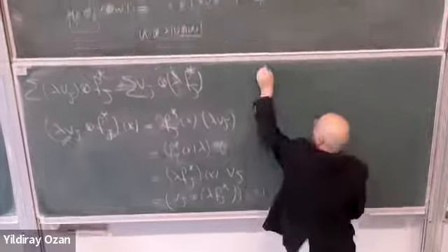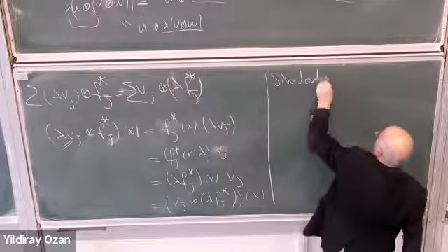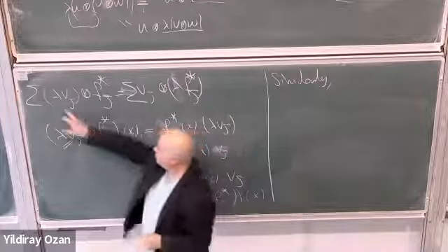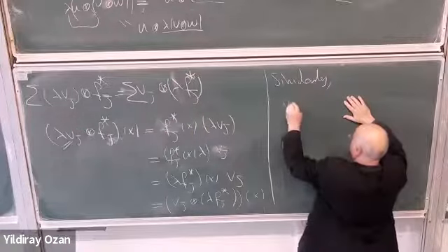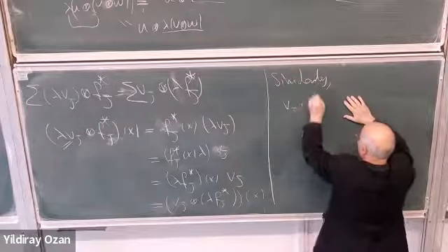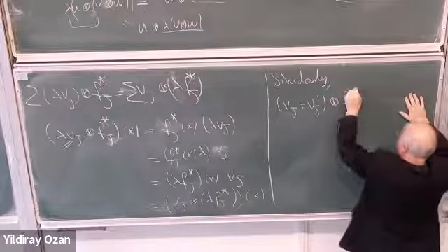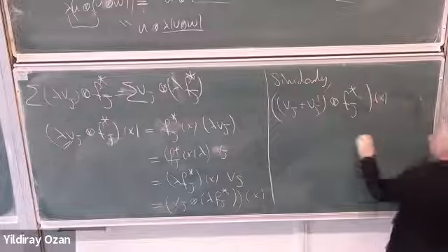Similarly, I can do the following. If I have an addition here, let's say V_j plus V_j prime tensor F_j star evaluated at some element.